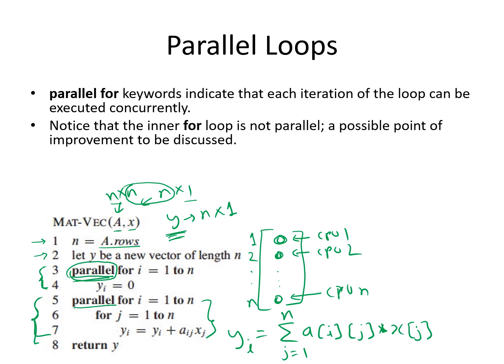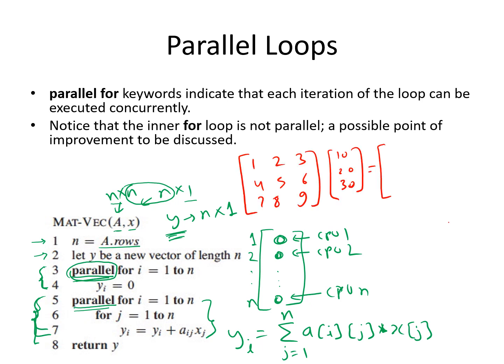Let's think about this second nested for loop over here in lines 5 to 7, right? Let's assume this is our matrix A, this is our vector x, and this is the vector y that we are computing. So let's compute the first two and see how that goes. So here is an example of computing the first element of y. Essentially, the first entry of vector y would be 1 into 10 plus 2 into 20 plus 3 into 30, right?